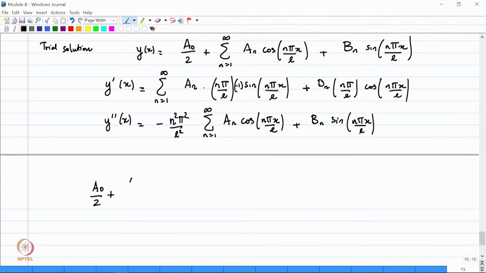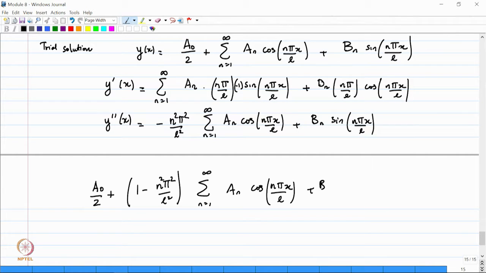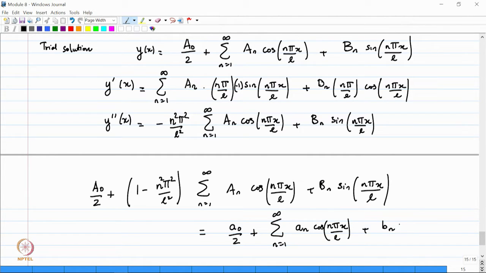So I can just write a factor of 1 minus n square pi square by L square, and write sum over n equal to 1 to infinity of a n cosine n pi x by L plus b n sine n pi x by L. This is the left hand side, and the right hand side was a 0 by 2 plus sum over n equal to 1 to infinity of a n cos n pi x by L plus b n sin n pi x by L.